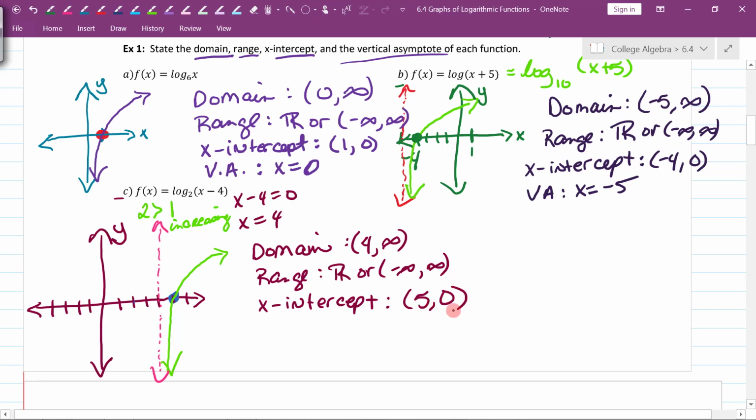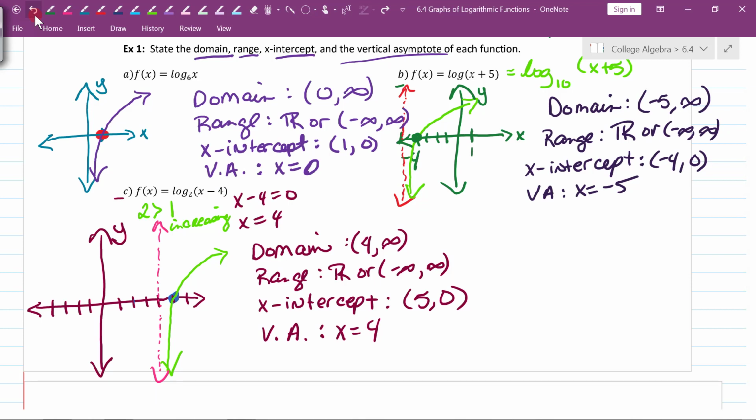And then the last thing we need to look at is the vertical asymptote, which I always abbreviate as VA. Okay, so our VA is going to be x equals 1, 2, 3, 4. And remember, it's just right up here. X equals 4. Okay, so grab this information from right here, and that will give you your vertical asymptote.